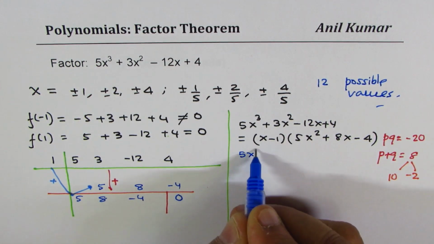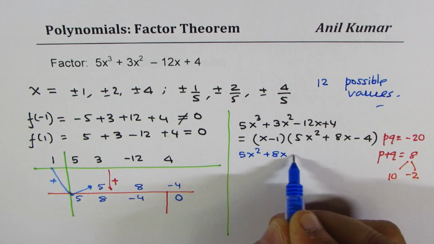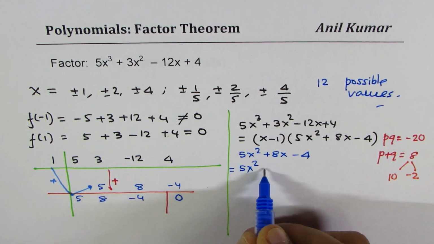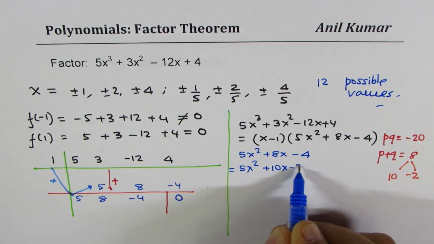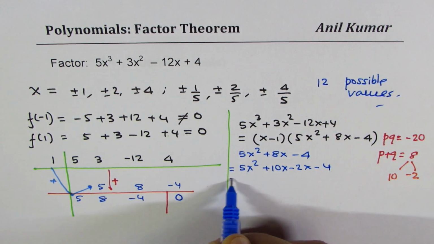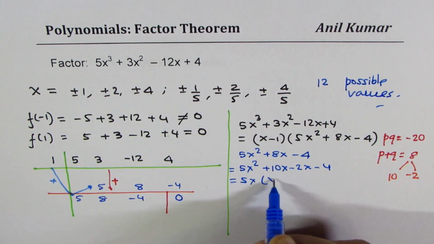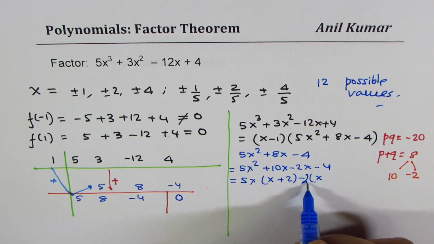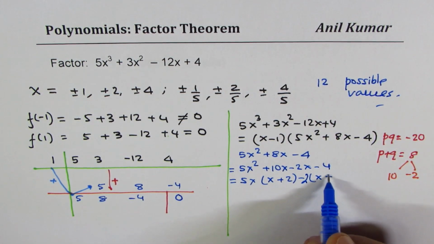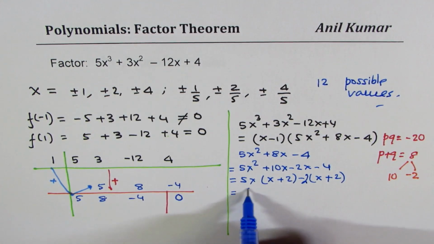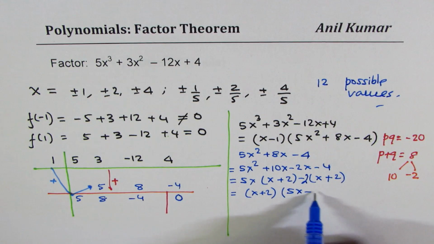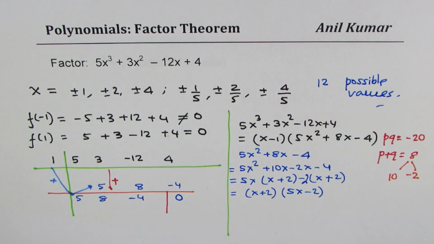Write 5x squared plus 8x minus 4 as equal to 5x squared plus 10x minus 2x minus 4. Taking 5x common gives us x plus 2. Taking minus 2 common will also give us x plus 2. And now x plus 2 is a common factor, which results into 5x minus 2 as the other factor.